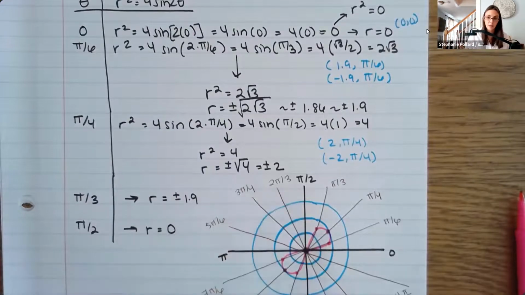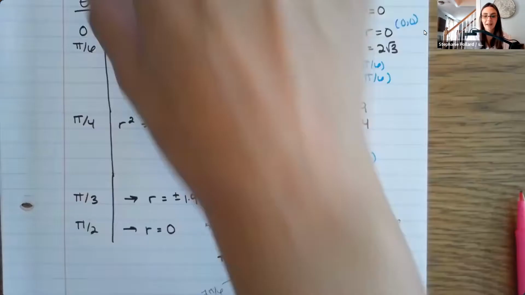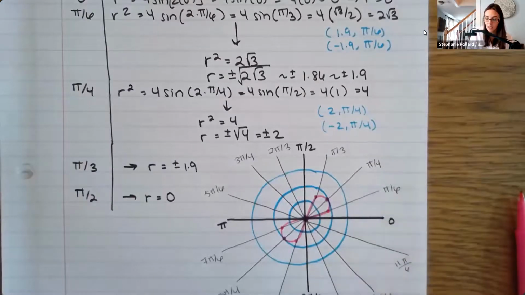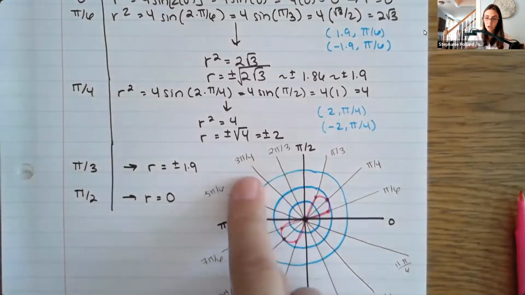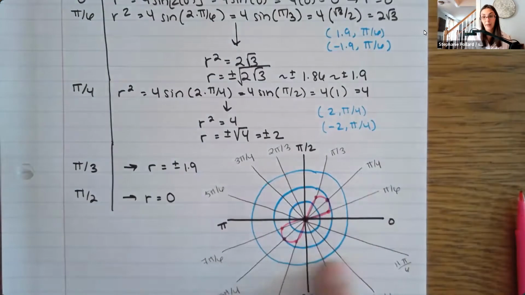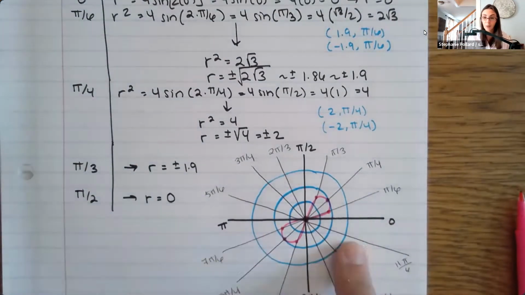Once you plug those in, what happens is, in the third quadrant, sorry about the pause, I had a tickle in my throat. When your theta is in the second quadrant, then 2 times theta is going to be somewhere bigger. It's going to be in the third or fourth quadrant.